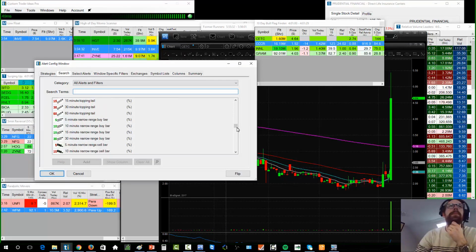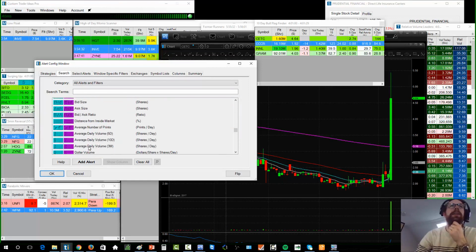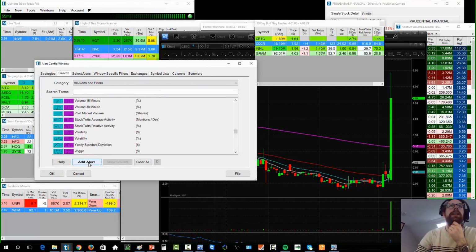Let's see. So what if I did NR7? And let's just see. I think this is a consolidation pattern here. So let's try adding that alert.